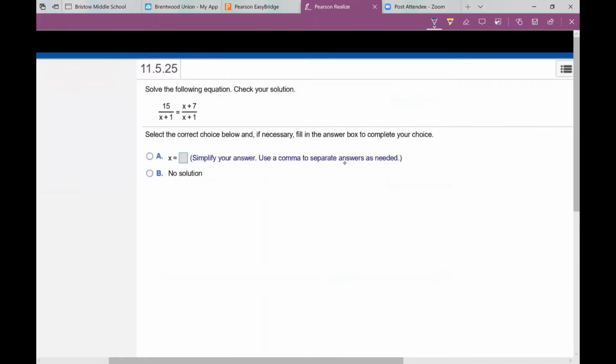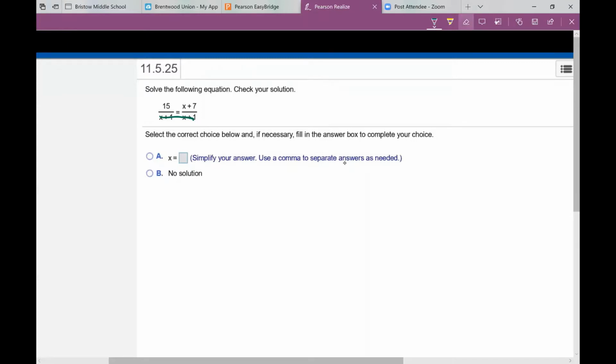Your last problem looks pretty easy, and I used a shortcut and then figured out that I did not do the problem correctly, and I'm having to do this problem over again because I just did, oh, the x plus 1s are the same, so I can just cross them out and solve for the top. Well, that only gets you one answer.